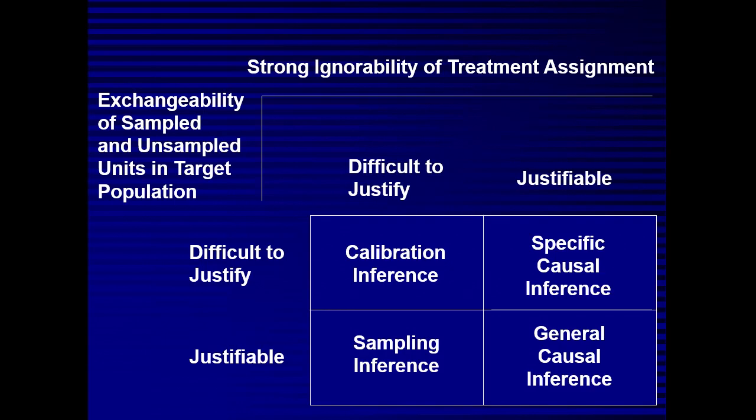So in your meta view, I want you to consider the idea of population inference and causal inference. And what we're doing here is looking at all the possible combinations of whether or not we have either of those two types of inference, which leads us then to 4 specific types of inferences that we can make.